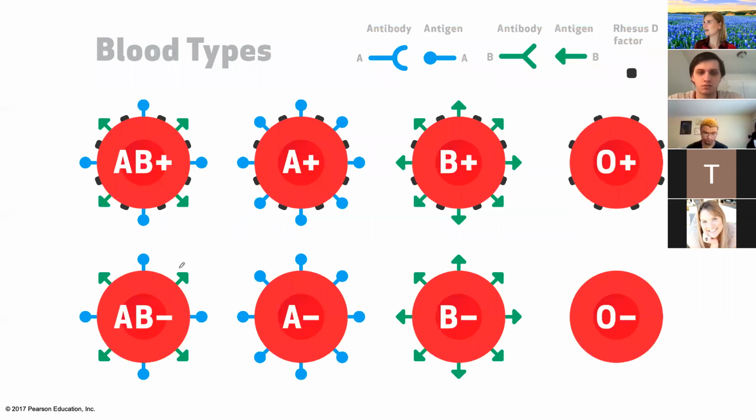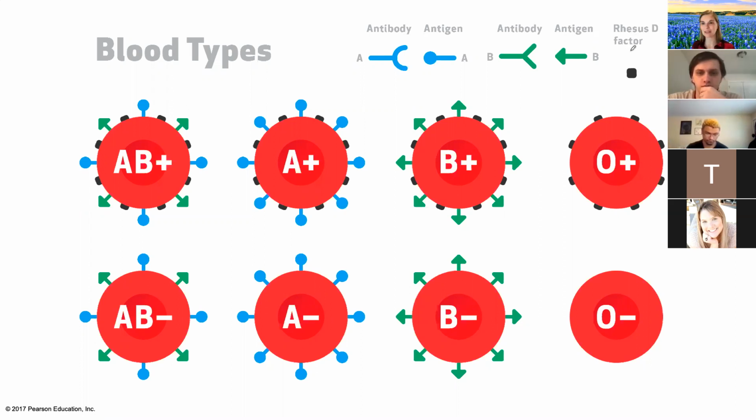All right, so this slide does show both the antigen for A and B, as well as what's known as the Rh factor, which is what gives you your positive or negative, right? And it's Rh for the rhesus monkey, where it was discovered. This is actually a more important protein, especially for women when they're pregnant.